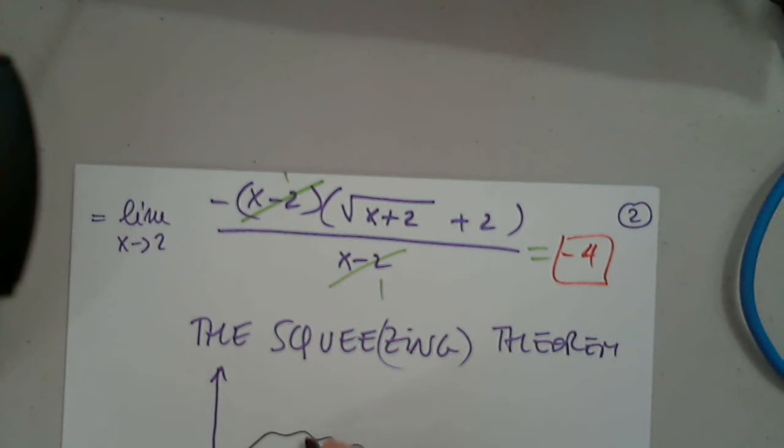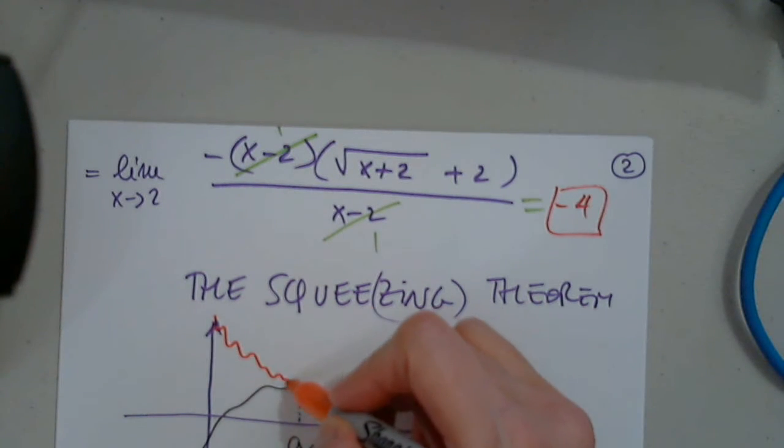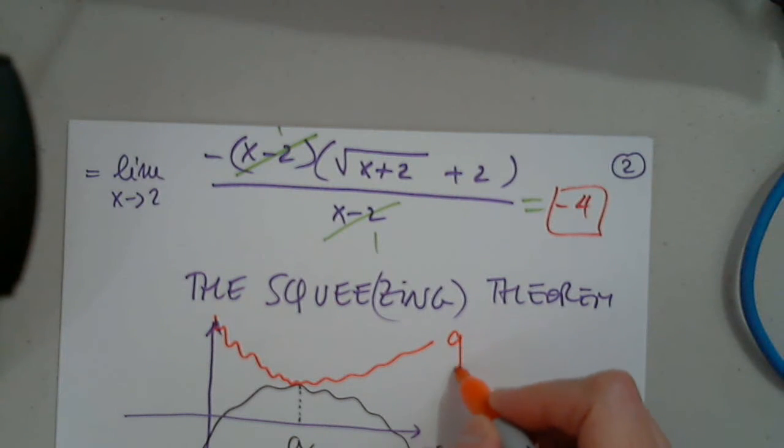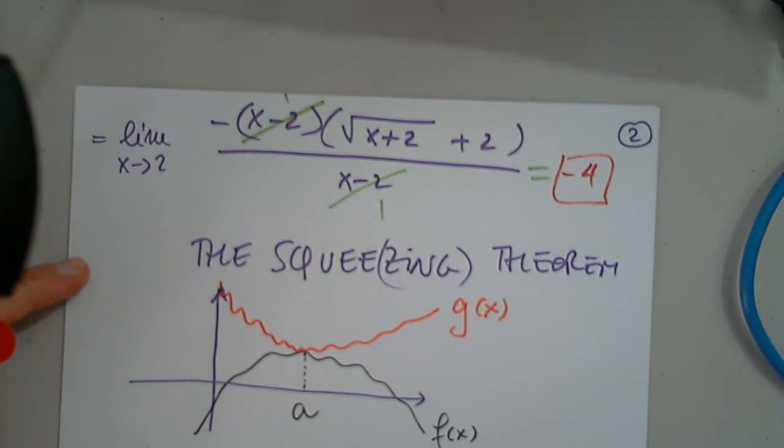Let's see, we have a value here for x, which is a. Let's say I have another function that does this, and this is g of x. And I have now the red function whose limit I would like to determine. I'm going to call it h of x as x approaches a.